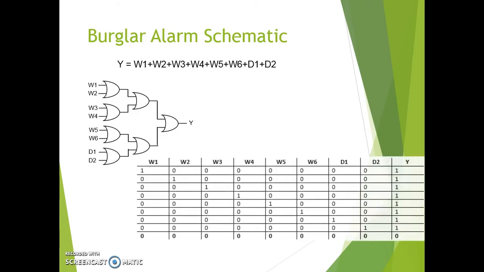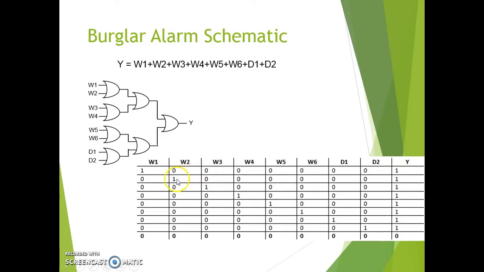And we've talked a bit about the truth tables, but we haven't really looked at them as combinations before. Here's an interesting truth table. We can see that in the case when window 1 is triggered, even if all of the other sensors are not triggered, our alarm triggers.